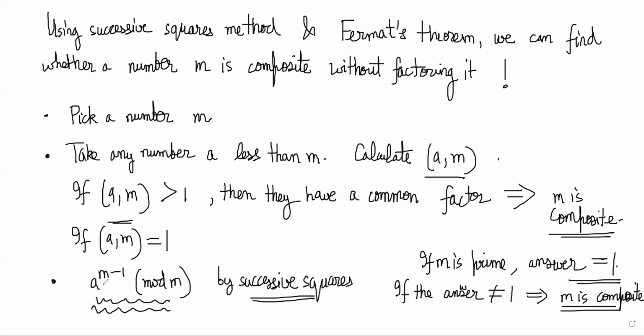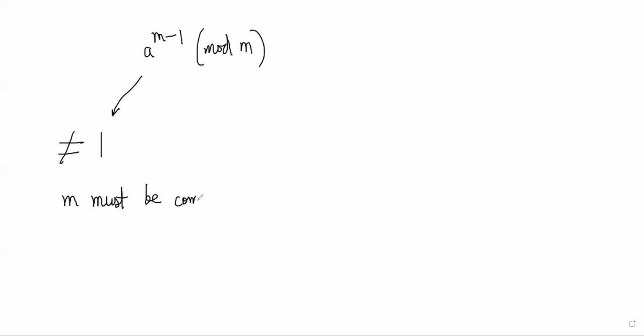So if a to the power m minus 1 mod m is coming out to be not equal to 1, obviously m cannot be prime, right? Notice one thing here. If you calculate this mod m, if the answer is not equal to 1, m must be composite. That is correct.